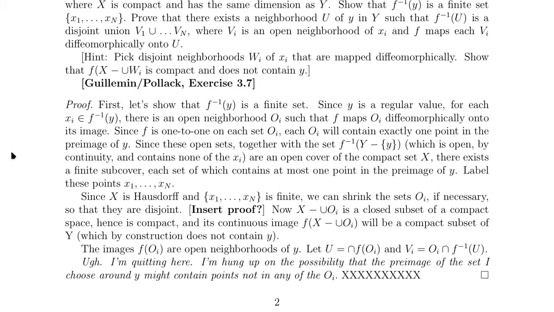Now the next step, here's a problem with the O_i. Two problems. One is that they might overlap. And the other one is that even though each O_i contains only one of the x's, its boundary might contain other of the x's.